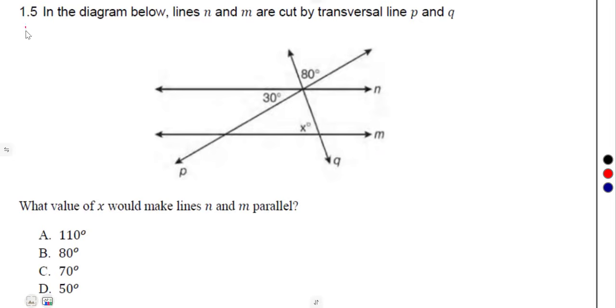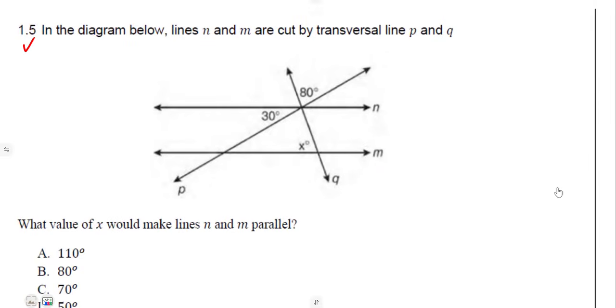Let us look into another question, 1.5. In the diagram that we are given below, we are given that line N and line M are cut by transversal lines P and Q. All right.